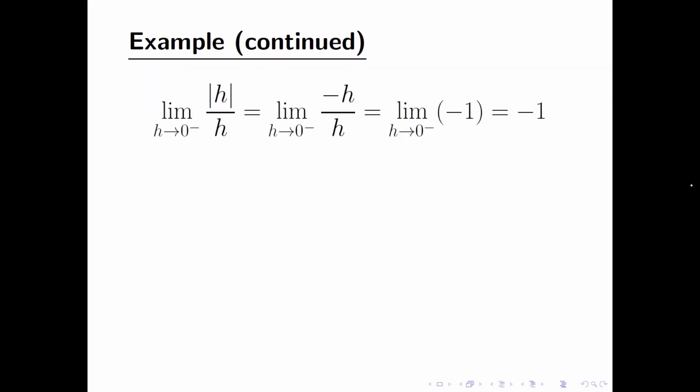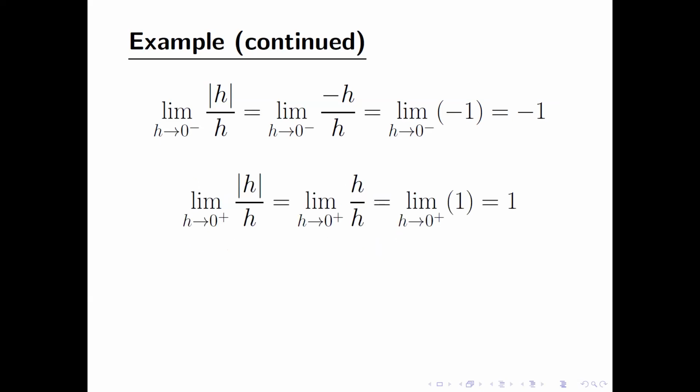So again, when h is strictly less than 0, one will see that the absolute value of h will be equal to minus h. And when h is strictly greater than 0, one will see that the absolute value of h will be equal to h, like this.